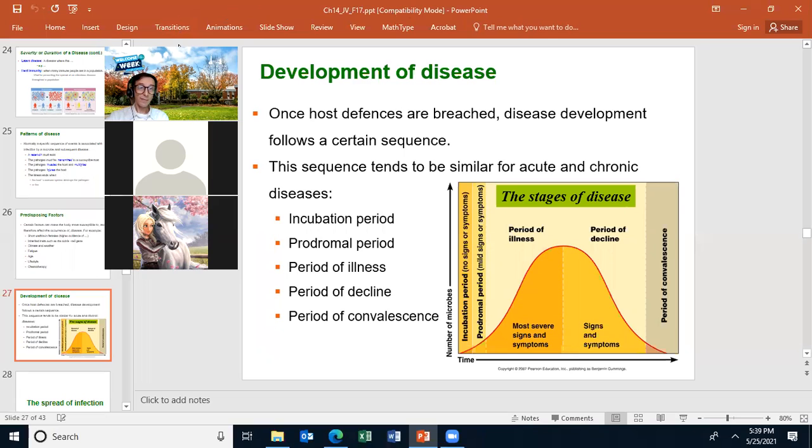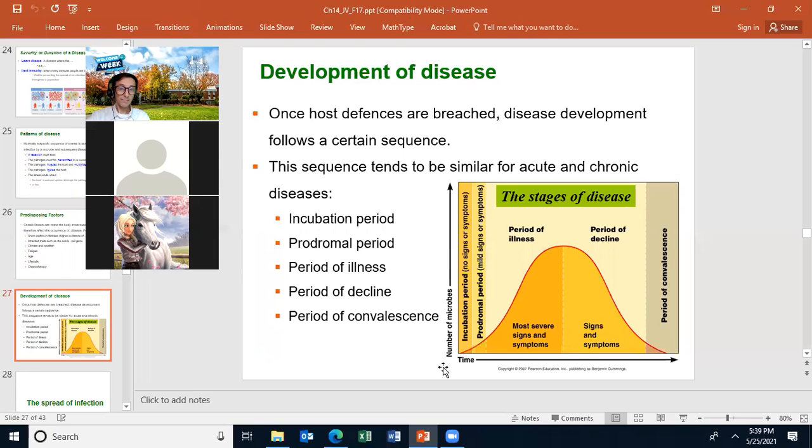When we're talking about the development of a disease, on the x-axis we have time. So initially the patient becomes infected, and then the disease develops until the disease goes away, and that happens with time.